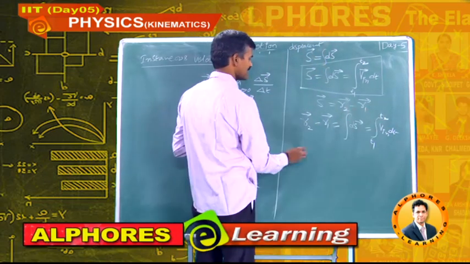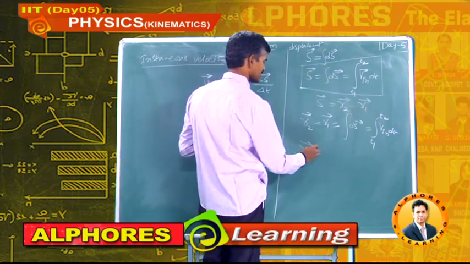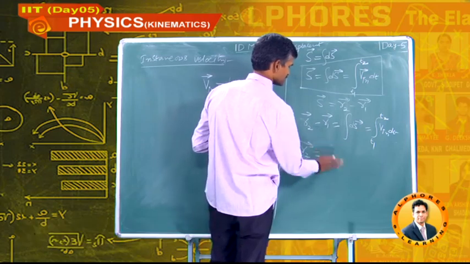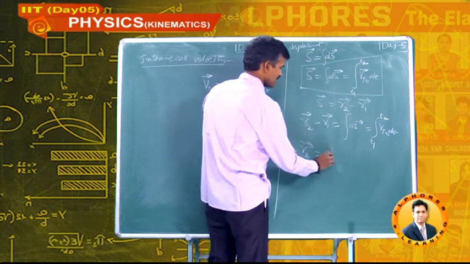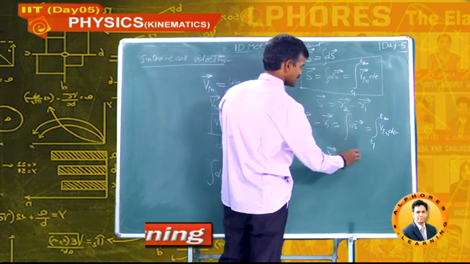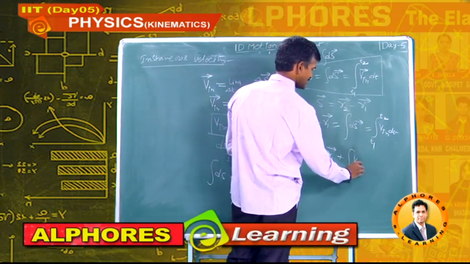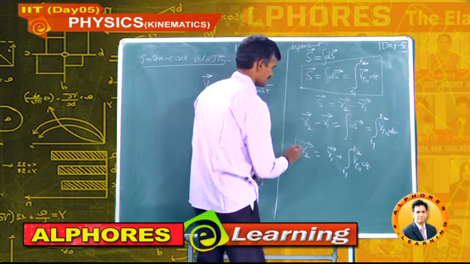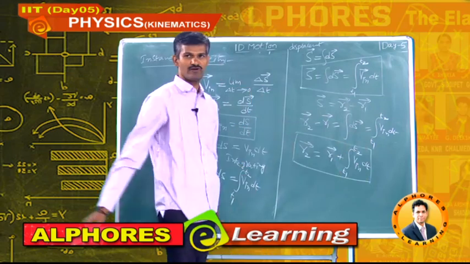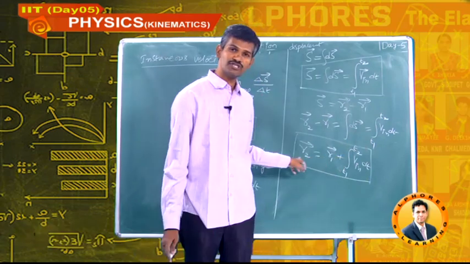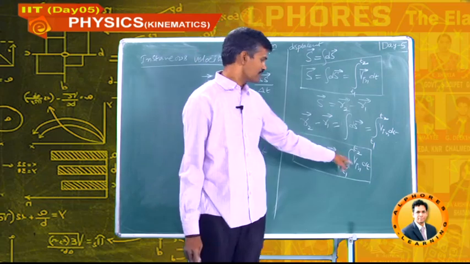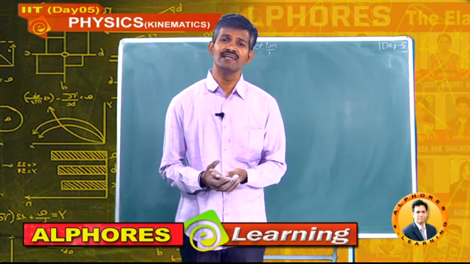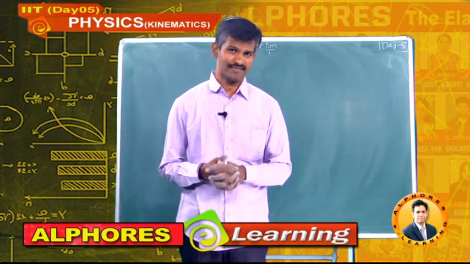So, if you want to calculate r2 bar, it is r1 bar plus integral V_inst into dt from t1 to t2. This is one important formula to calculate the position of the particle if the velocity is given. How to draw graphs related to instantaneous velocity?